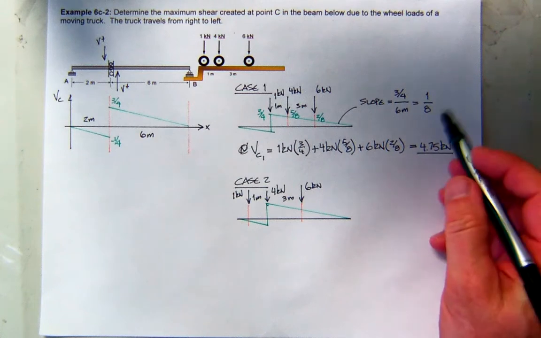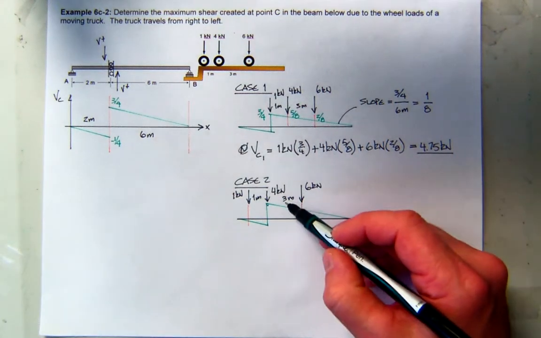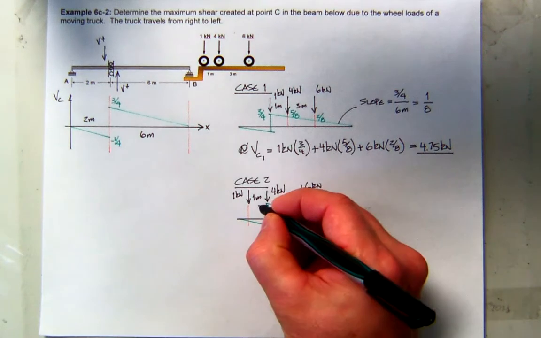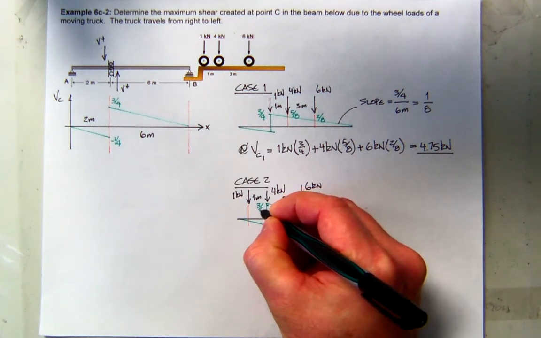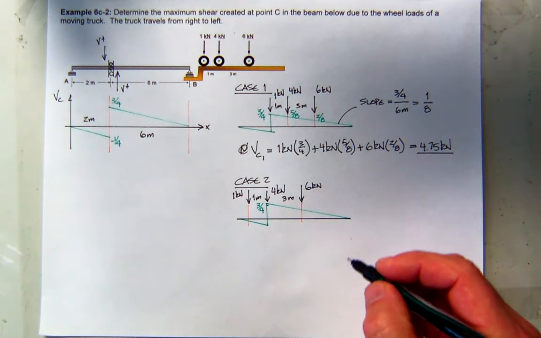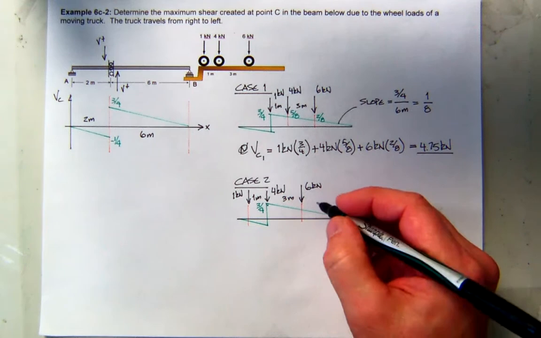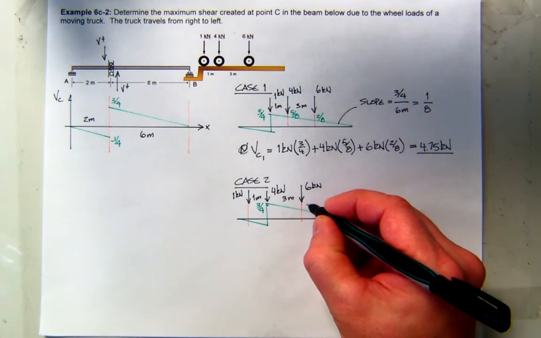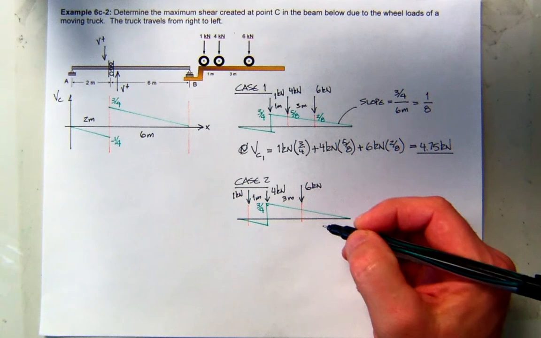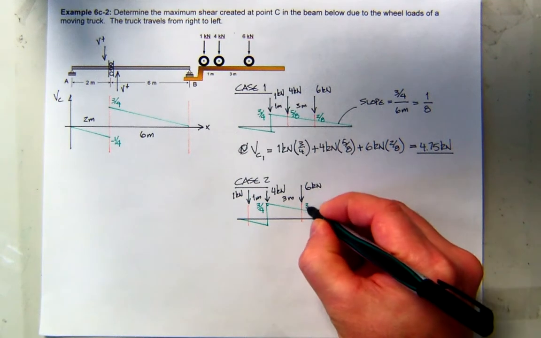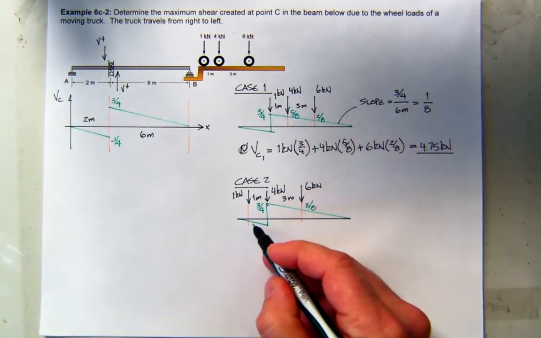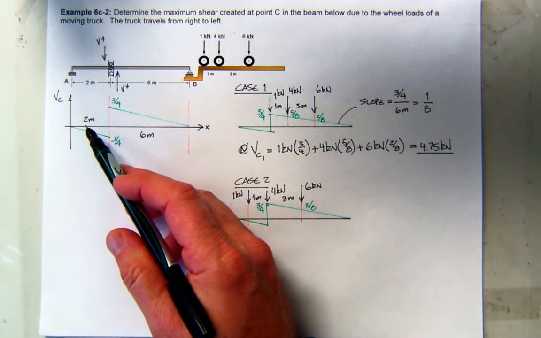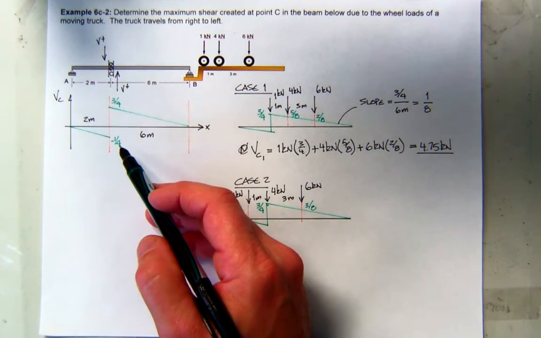Okay, so the same slope applies for this right-hand side. So I go 3 meters, I'm going to drop 3/8. So I know this height was 3/4 or 6/8. 6/8 minus 3/8 is 3/8. Now the slope of this side, well, it's 1/4 to 2, and interesting, it's the same.